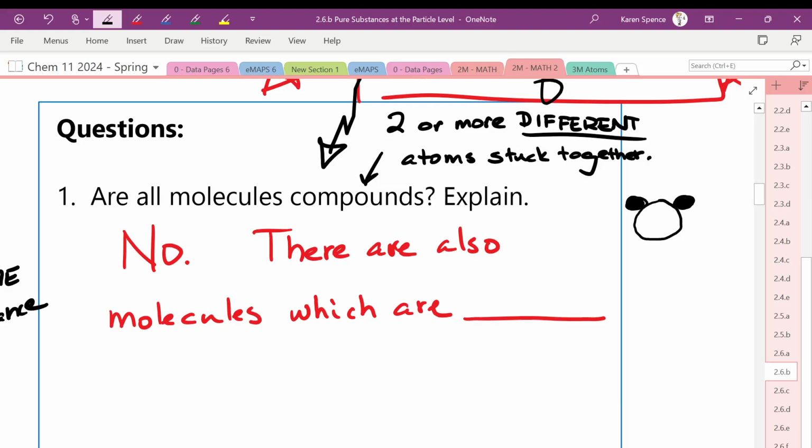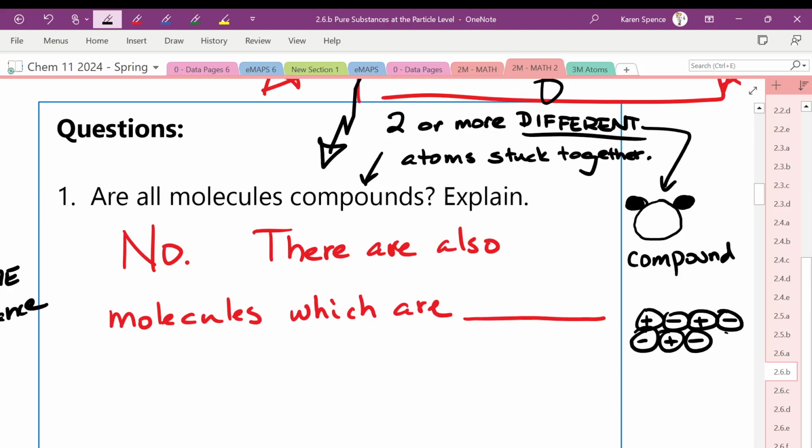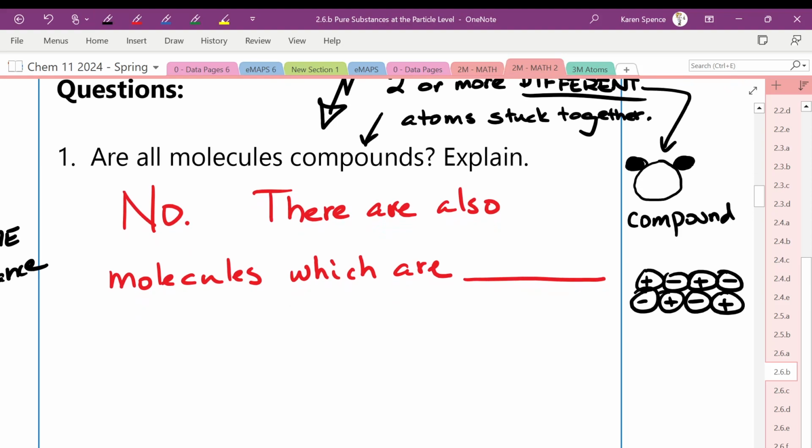Different. Oh, look, they are different. Therefore, that is a compound. Is that a compound? Yeah. Compound? Yes.